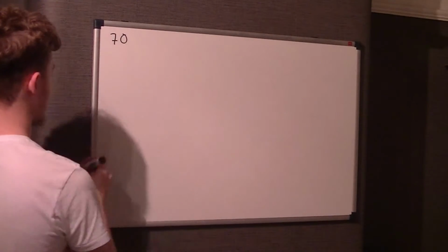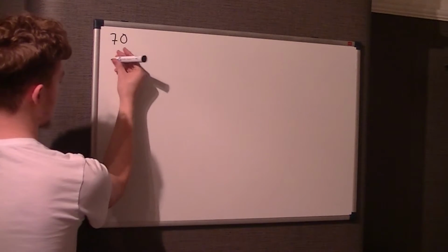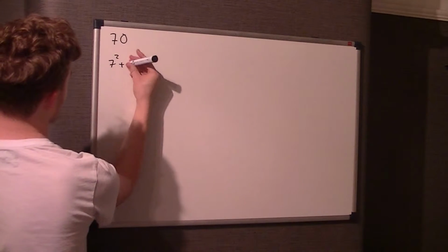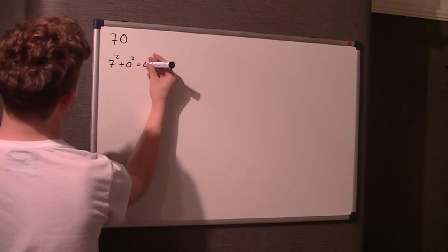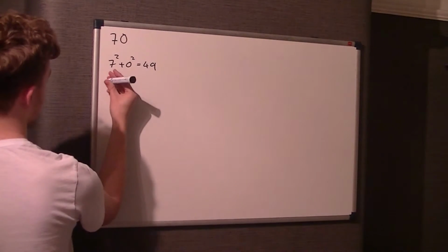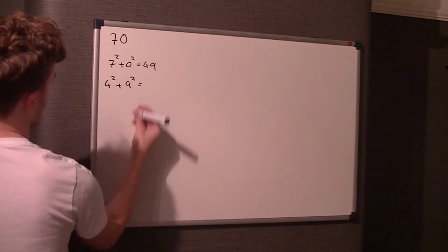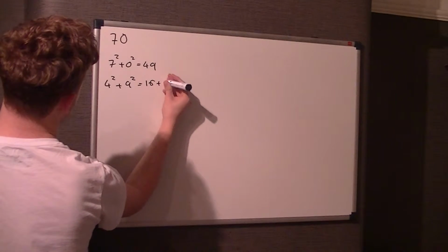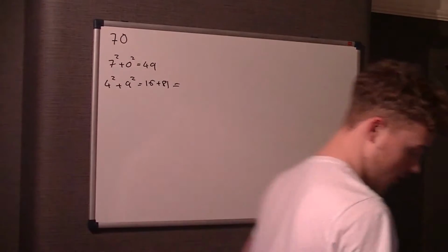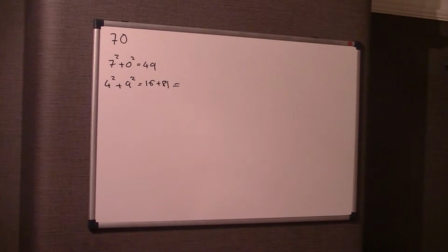As I said, we square the individual numbers. So we do 7 squared plus 0 squared and find the sum, which is 49, and do the same with 49. So you have 4 squared plus 9 squared, which is 16 plus 81, which is 97.